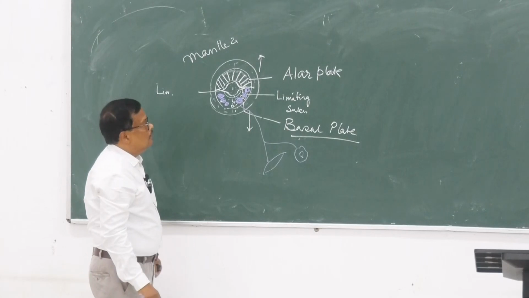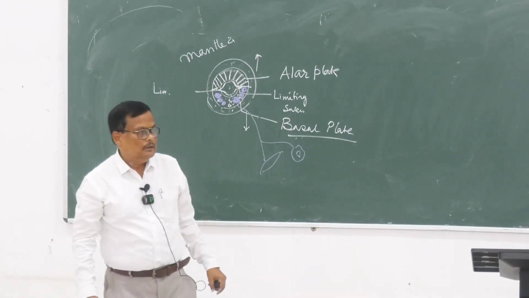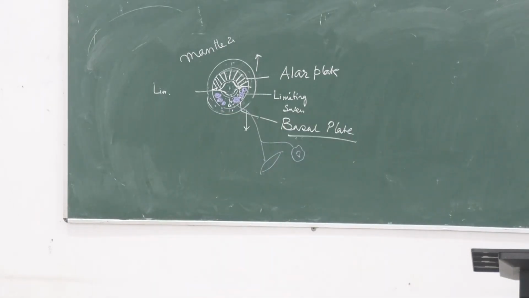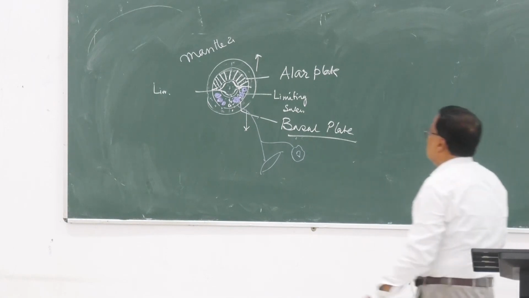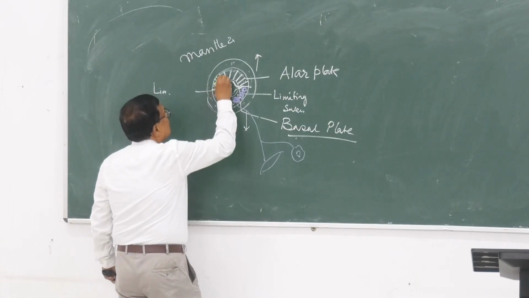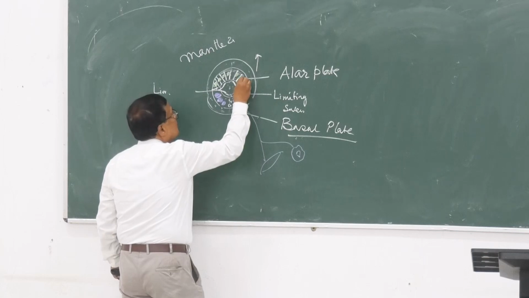Now the alar plate again forms nuclei, and they are 4 on either side. 1, 2, 3, 4. 1, 2, 3, 4.